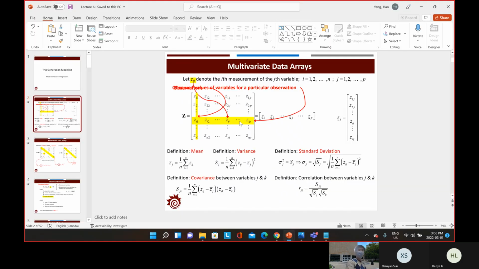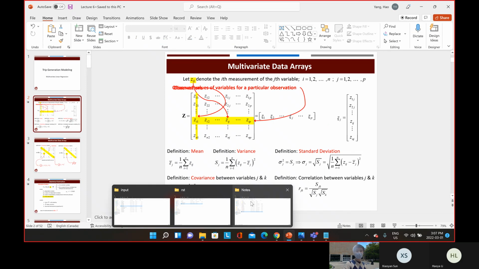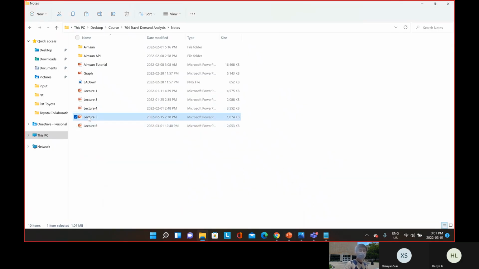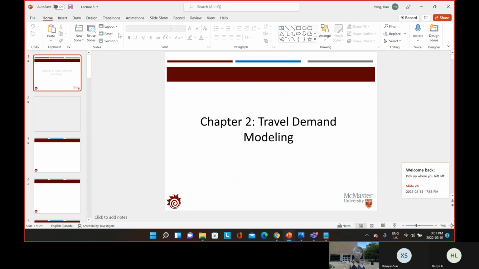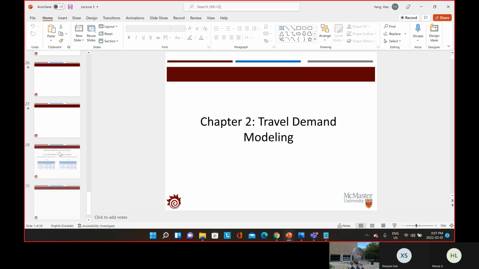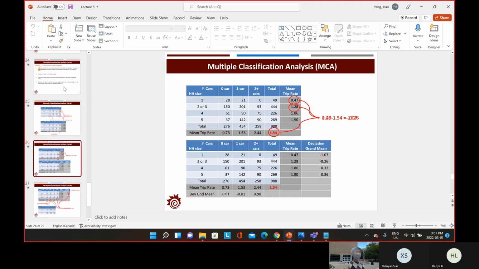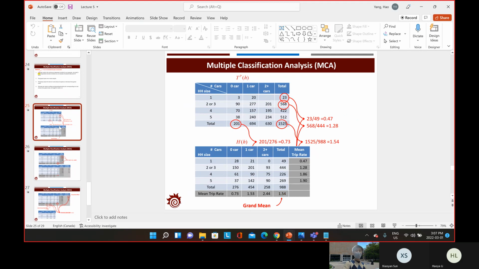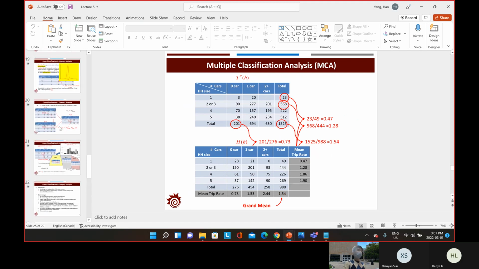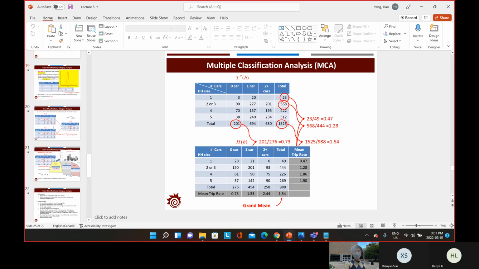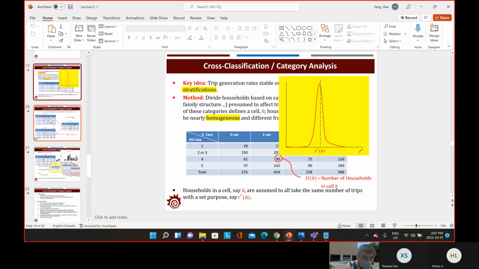So before I start the lecture today, I'll give you a quick review about the two methods we apply to estimate the trip rate. It's only about the confusion that you had for these two methods. So let me go to chapter 1.